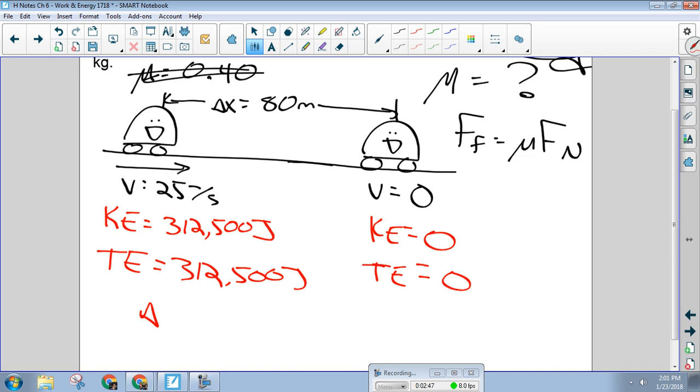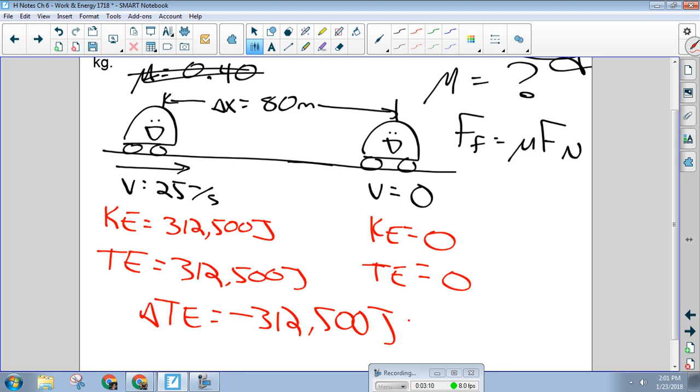So my change in total energy is going to be what? Good. Negative 312,500 joules, right? Just by doing final minus initial, 0 minus 312,500. Cool. All right, so that's the change in total energy.